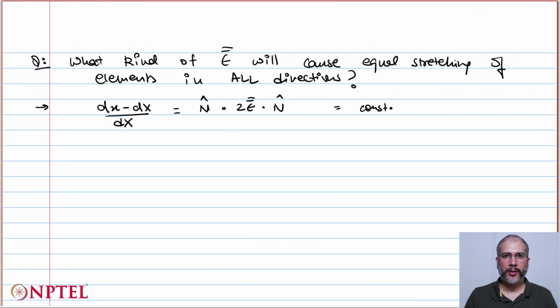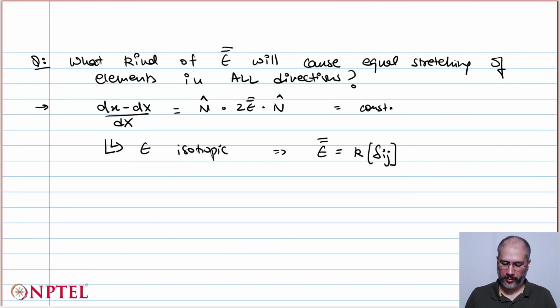With some thought, you will realize that this means that epsilon is isotropic. That is, it has no directional preference. So epsilon is isotropic, which basically means epsilon has a form which is some constant times delta ij.